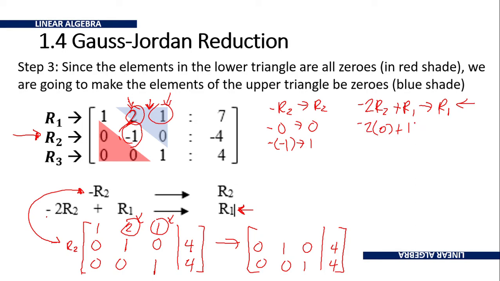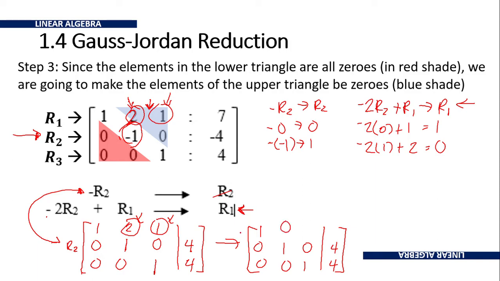So, negative 2 times 0 is 0, plus 1, so 1 pa din. So, 1 pa din siya. Okay, tama pala. Next, negative 2 times, ang R2 natin is 1 na, diba? So, negative 2 times 1 plus 2, yung ating R1. So, we have negative 2 times 1 is negative 2 plus 2 is 0. So, magiging 0 na pala.